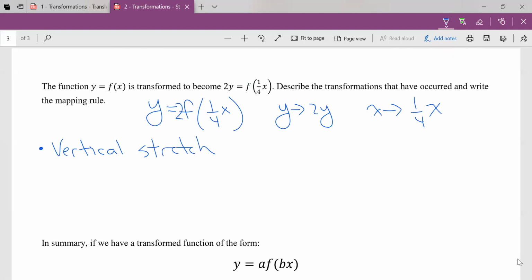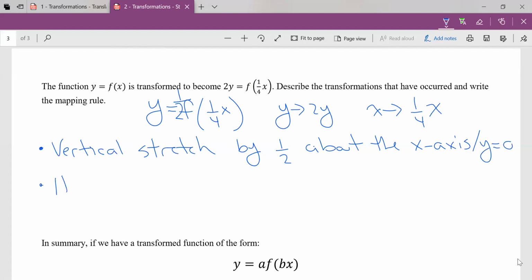A vertical stretch by, just notice I wrote my equation wrong up there, friends. Sorry, not enough coffee in me. A vertical stretch by 1/2, and this is the important part now, about the x-axis, or you could say the line y is equal to 0. Those two things mean the same. What else did we do?